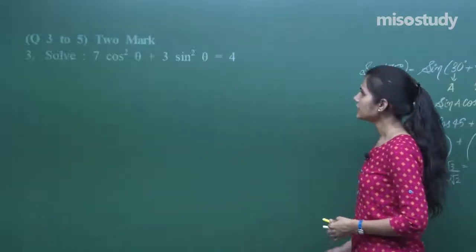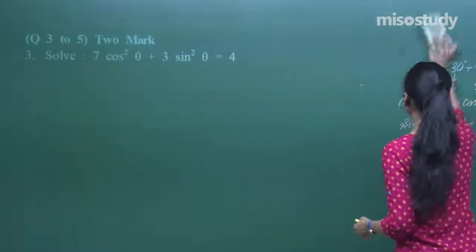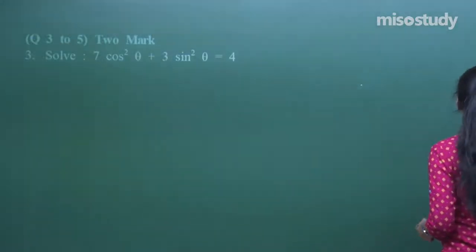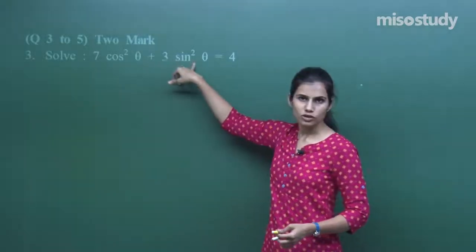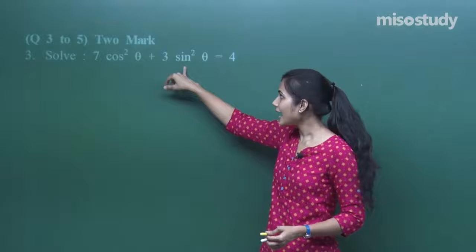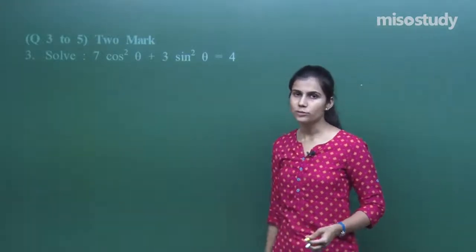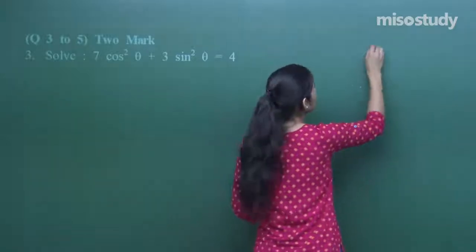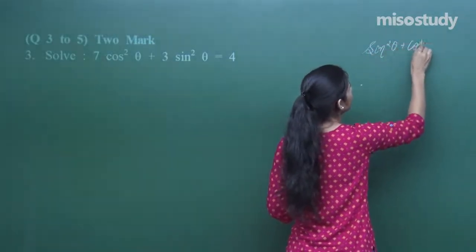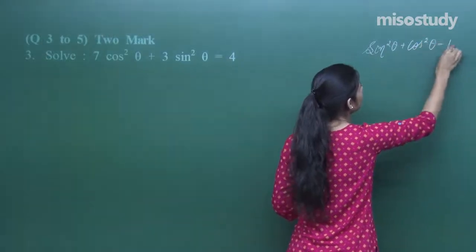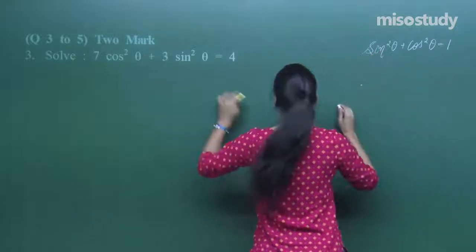Next question says, solve this particular trigonometric equation. In here, if you remember, sine square and cos square, if two trigonometric ratios are given and I have the methodology to write one in terms of the other, of course I am going to use that. If I know that sine square theta plus cos square theta is 1, obviously I can write cos square theta as 1 minus sine square theta.